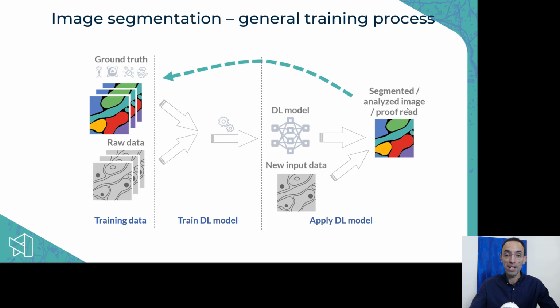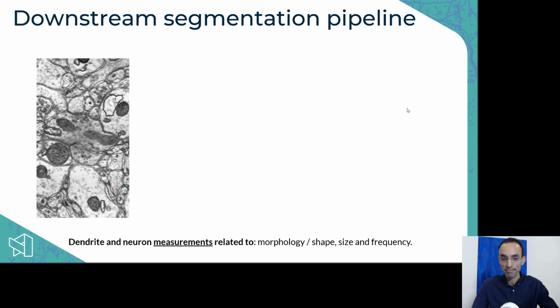Once we have proofread everything and we're happy with it, when it's appropriate, we can then use that to further augment the ground truth pool and generalize the model a little bit better. This is a process we call active learning, or it's part of a process we call active learning that we actually presented recently at ASCB just last year.